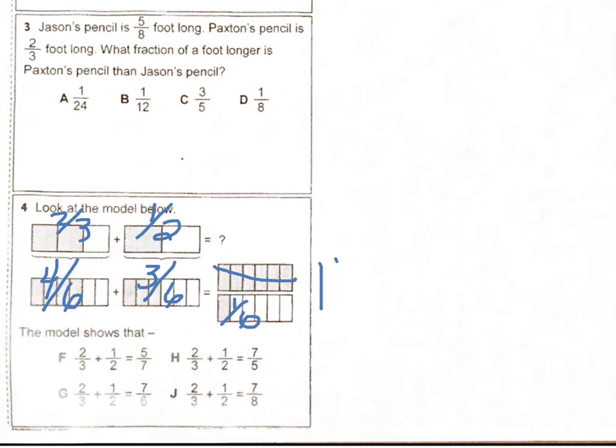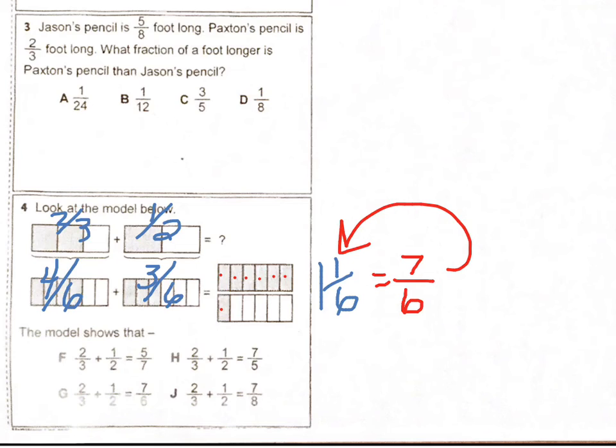So that's 1 1/6. Or they're saying that you have 1, 2, 3, 4, 5, 6, 7 models shaded out of 6 in each group, which would be 1 1/6.